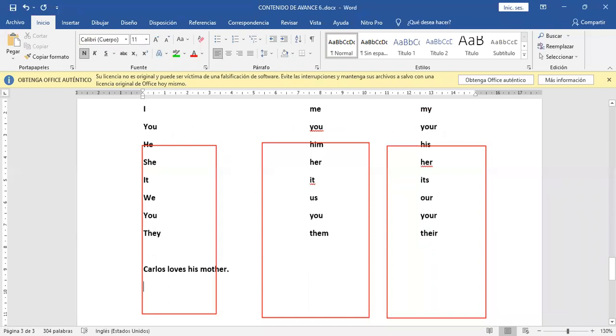Carlos, I will continue using Carlos. Carlos loves his mother. This is object. His mother is object or not? And now, where is the pronoun? I don't want to say his mother, I want to use its pronoun. Which one is it?